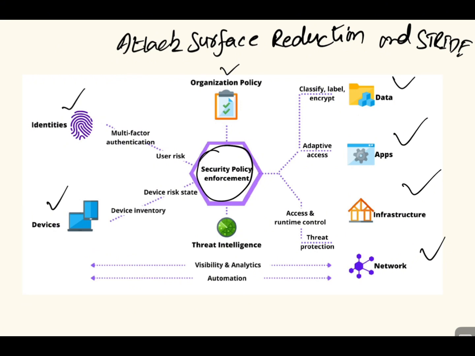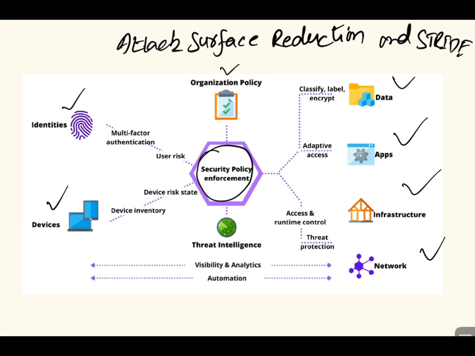And ASR, attack surface reduction, is implemented in Microsoft Defender for Endpoint and Windows security to reduce exploitability vectors, like disabling macros and blocking risky executables. So ASR reduces the paths a hacker can take, right?